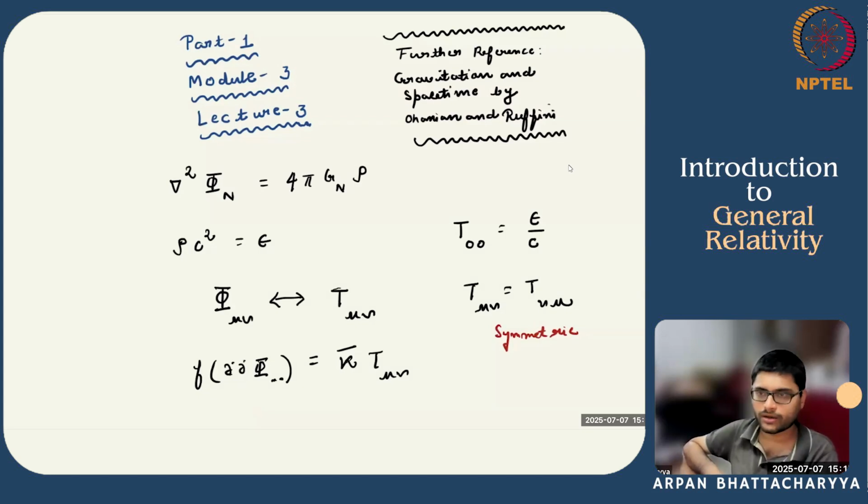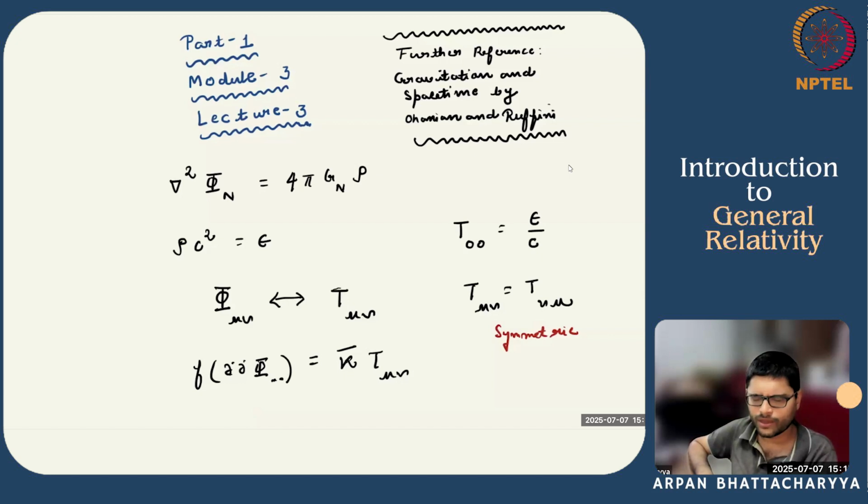So let's list them down. What are the possible terms, keeping in mind that it should contain at most two derivatives, be symmetric under the exchange of the two free indices, and linear in phi.